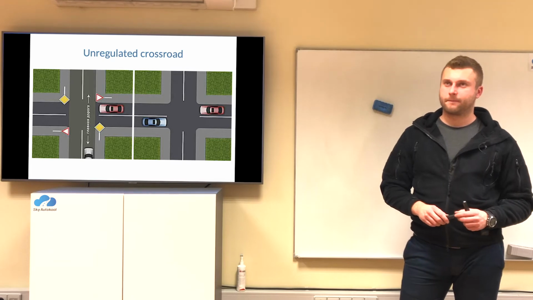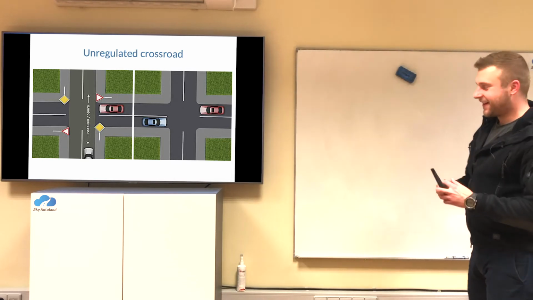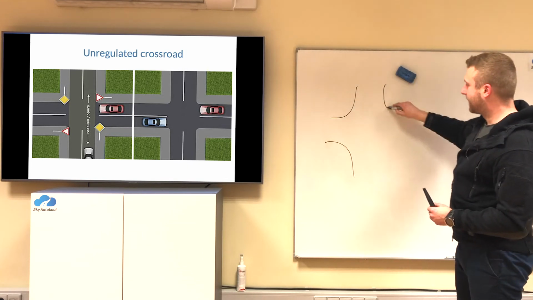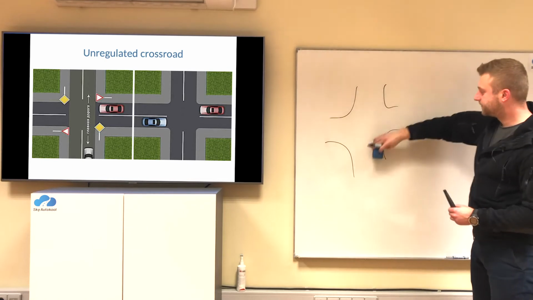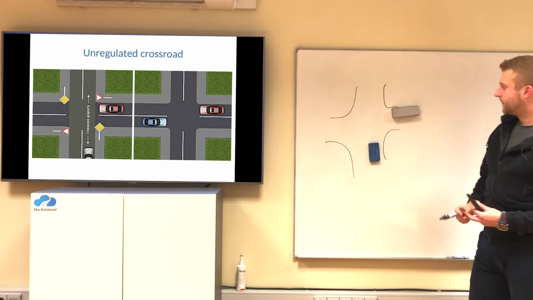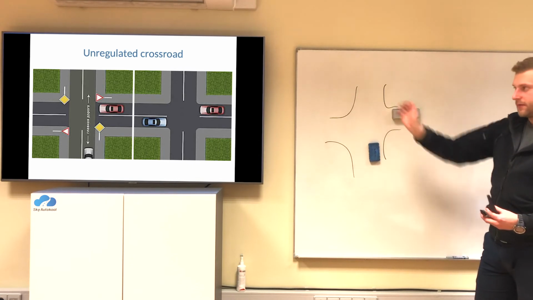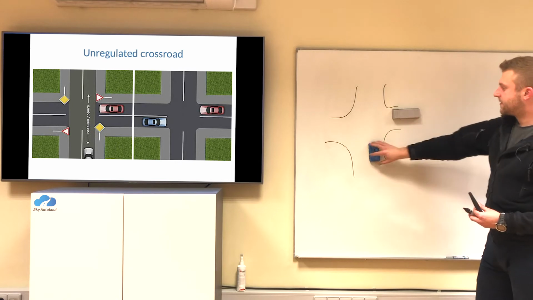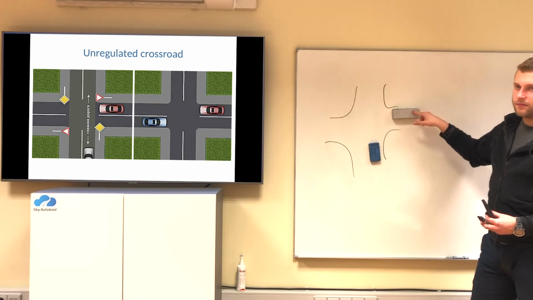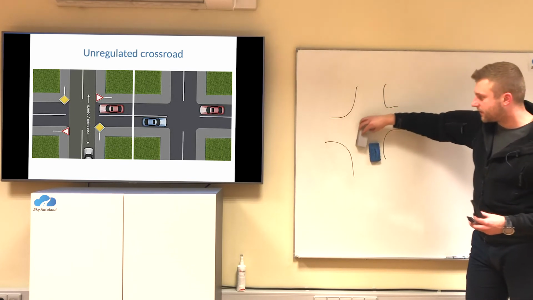Okay, I will simplify it a little bit. This is the car. Another car. It's me. And we have this situation. We don't have any signs, like there in the picture. It means that I have to give way to this car, no matter which direction it goes, right, straight, or left.